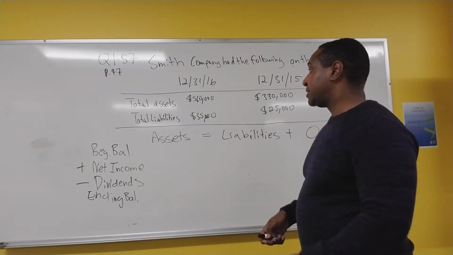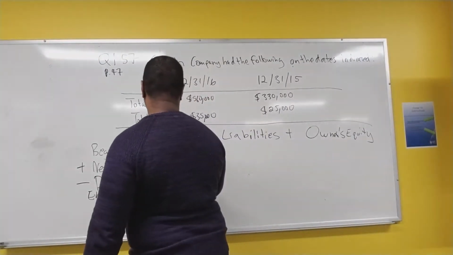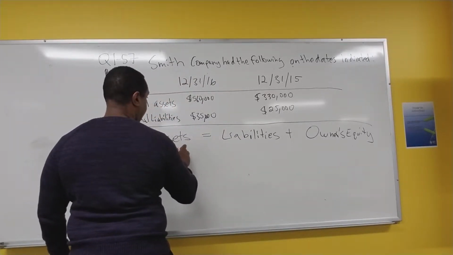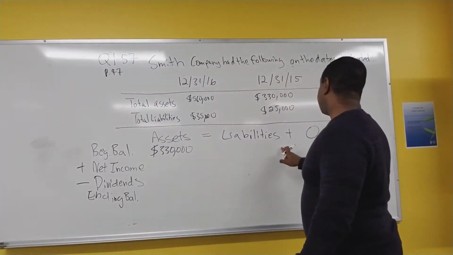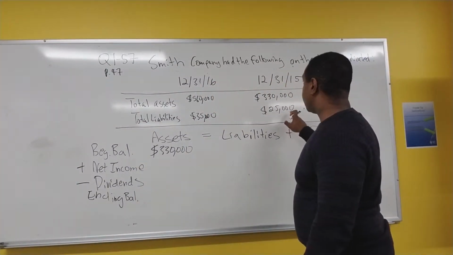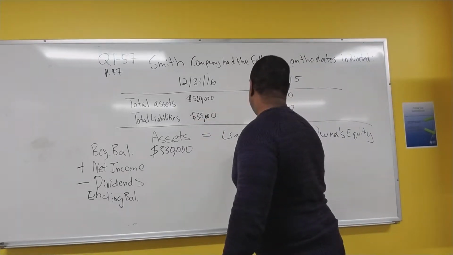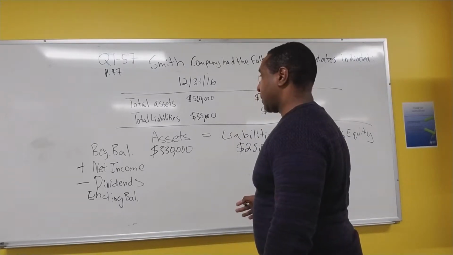So let's write this out. So we got the beginning balance for our assets. We know that's $330,000. That's great. We know for our liabilities the beginning balance for 2016 is going to be $25,000. So we've got this. Awesome.